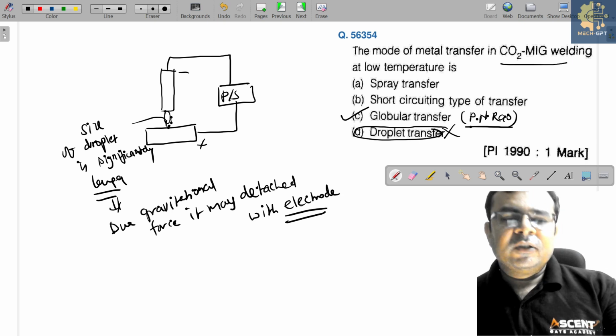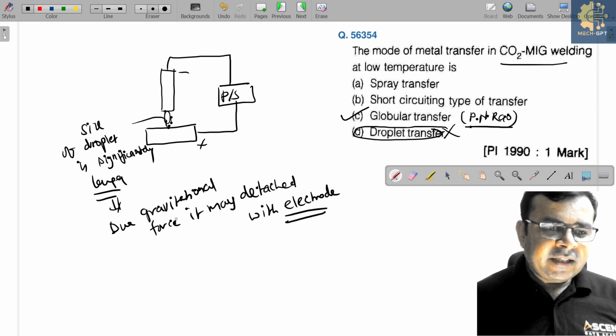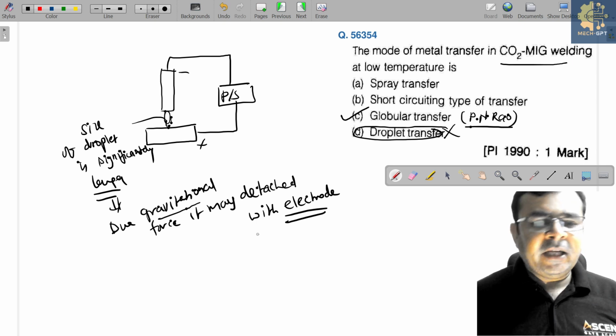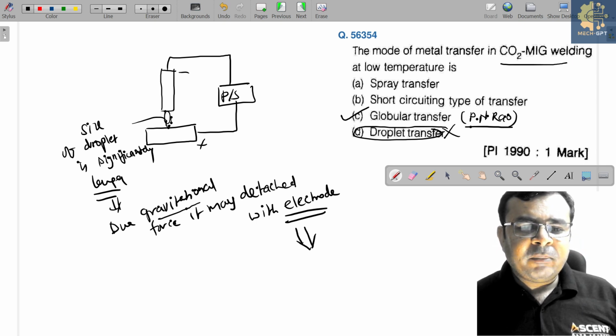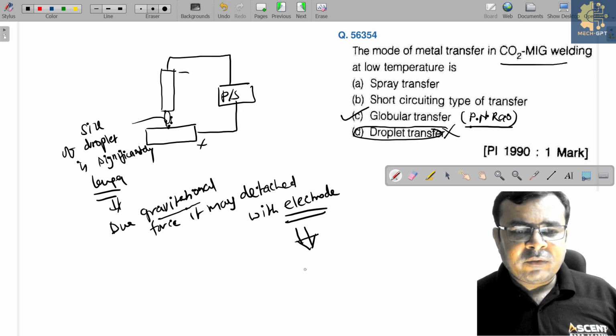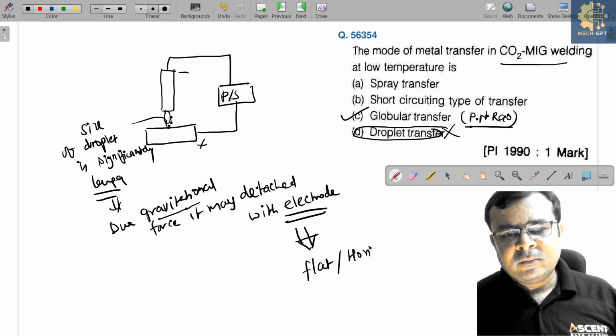Is that clear? So since gravity plays a very crucial role here, this kind of metal transfer is only suitable for flat or horizontal welding position.